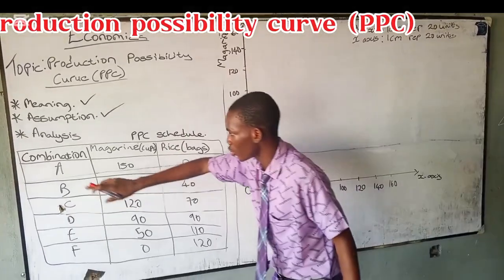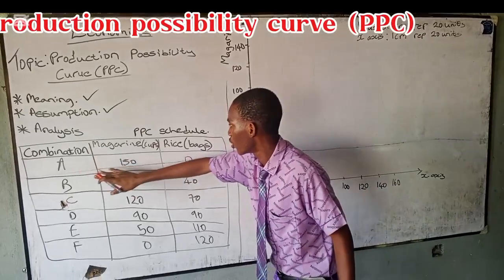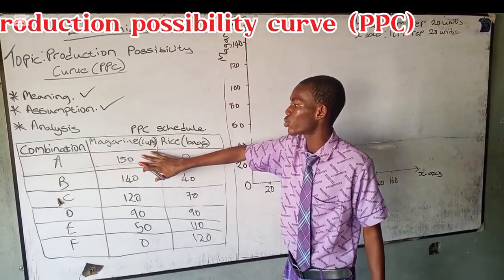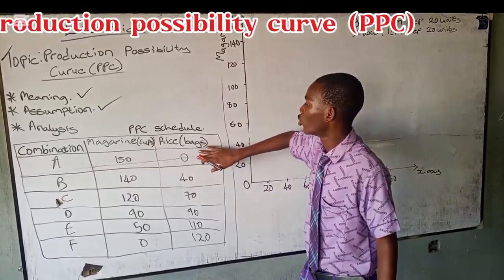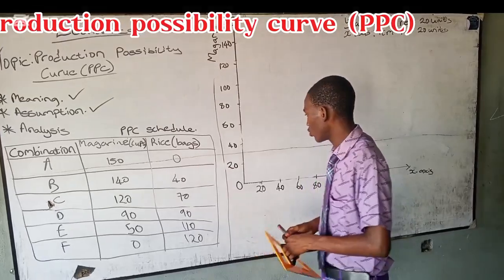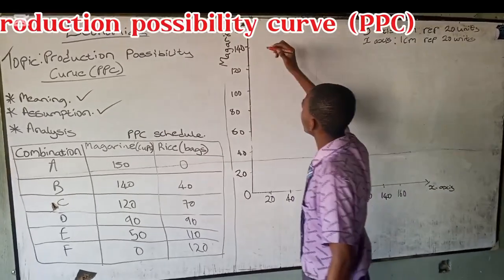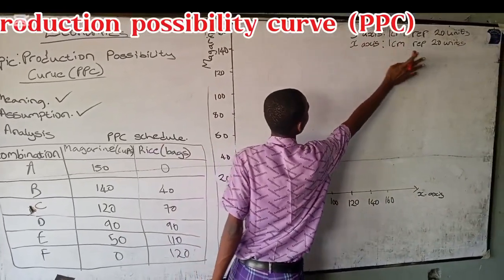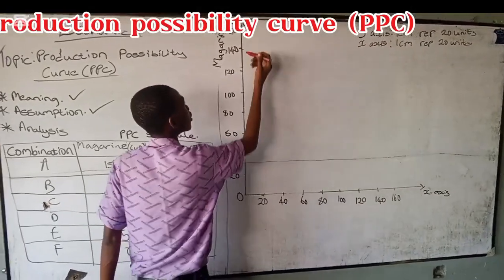For the first combination, combination A, all our resources were used to produce 150 cups of margarine and no bag of rice was produced. Remember from our scale, 1 cm represents 20 units.